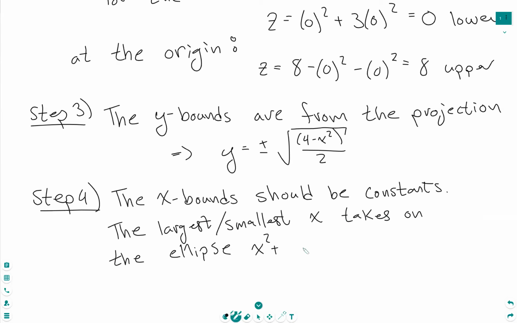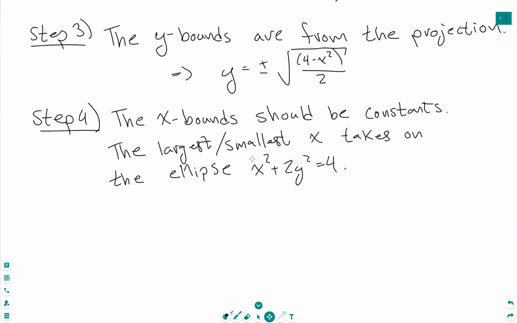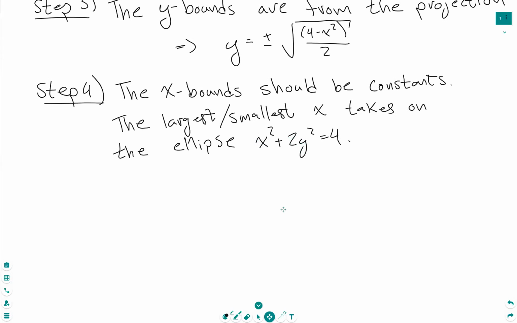This x squared plus 2y squared is equal to 4. So this happens when y is equal to 0, right? Because then we can have the largest x here, right? So if that's the case, when y is equal to 0, we have that x is equal to plus or minus 2, right?